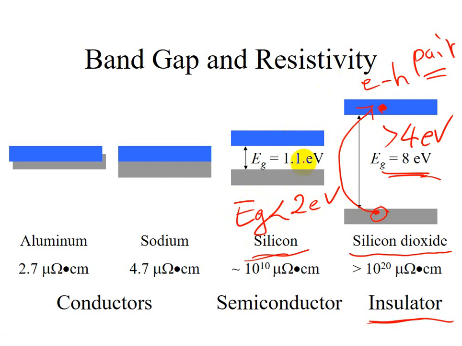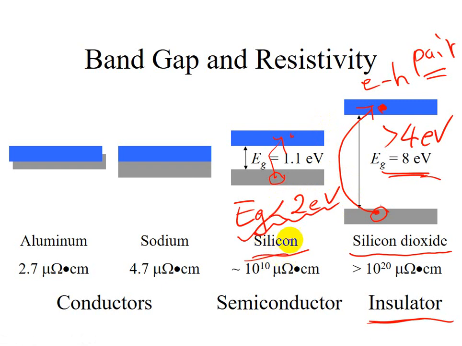The electron can jump from valence band to conducting band, form an electron hole pair, contributing to the conductivity. And for silicon, the energy band gap is 1.1 electron volts, so it's less than 2 electron volts, so it has a chance to become conductive.